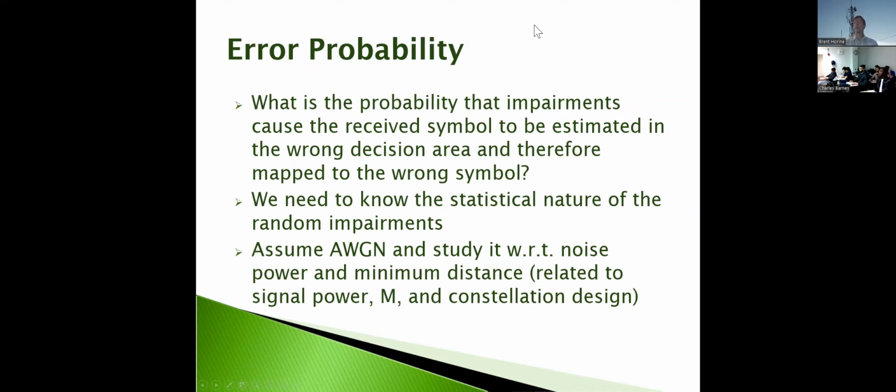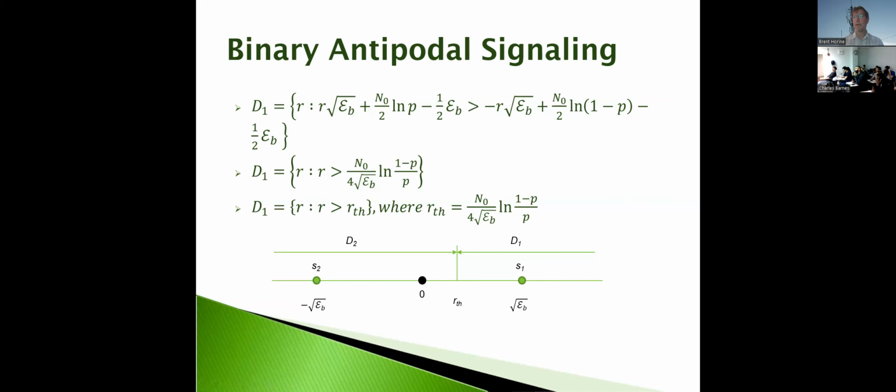All right, so error probability. What is the probability that impairments cause the received symbol to be estimated in the wrong decision area and therefore mapped to the wrong symbol, right? So we said these are decision areas, but what if we had so much noise here that even though we sent S1, it shows up over here?